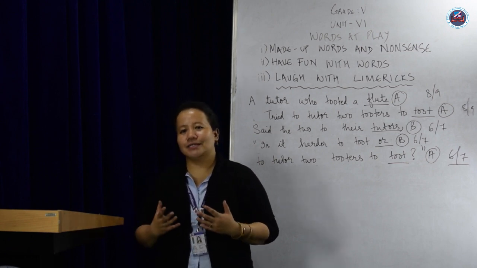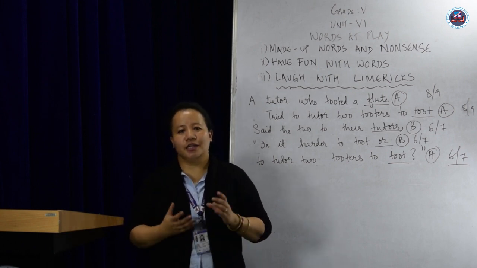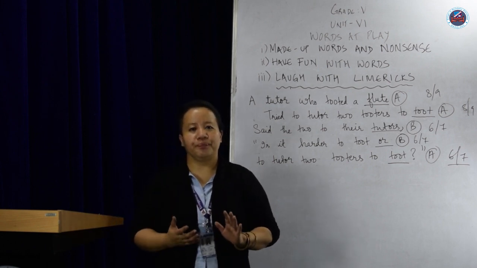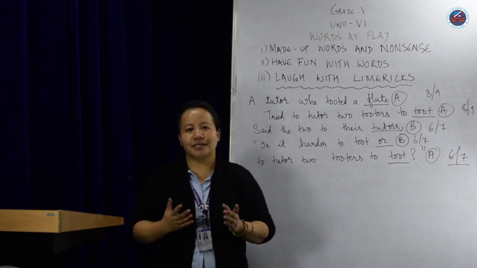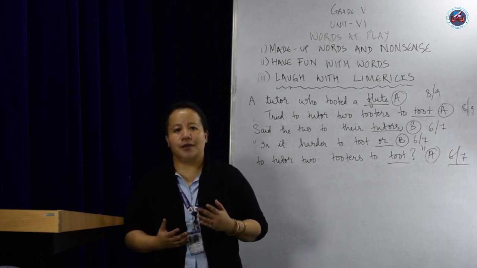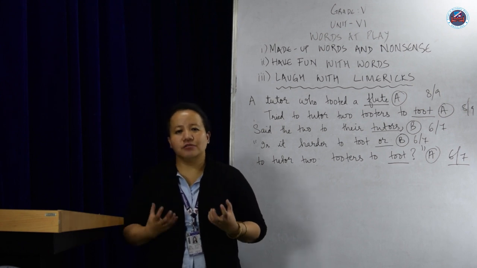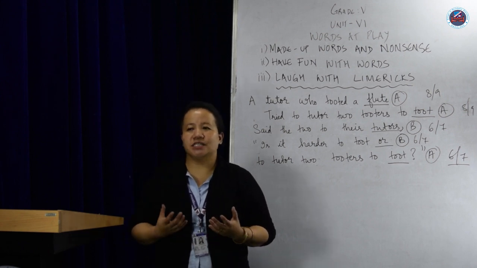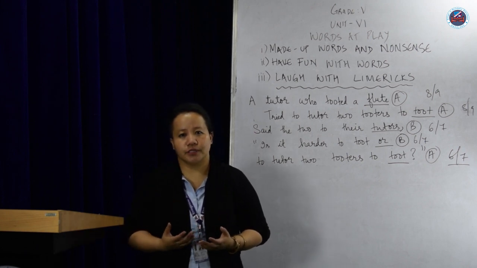Now, what is a limerick? A limerick is basically a short 5-line poem with only one stanza. The rhyming scheme used in limericks is AABBA. Usually it has a bouncy rhythm and it has been entertaining audiences for the past 2 centuries.